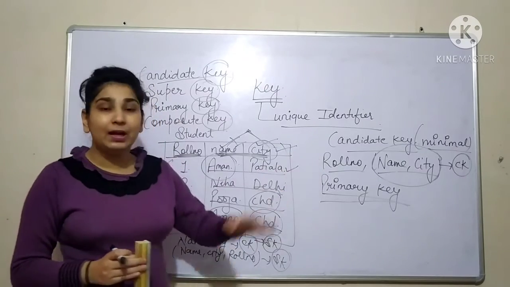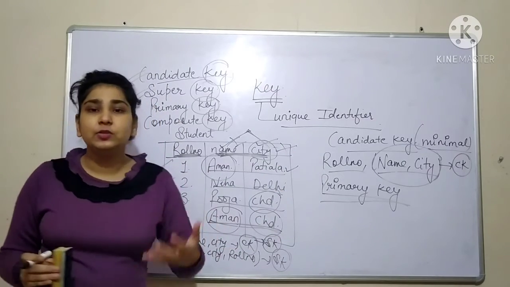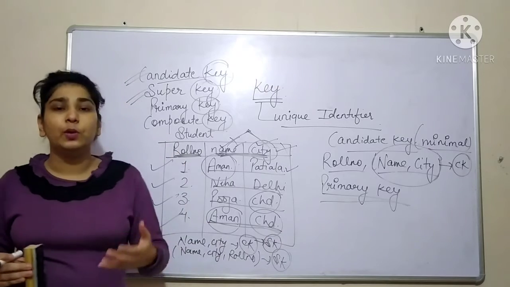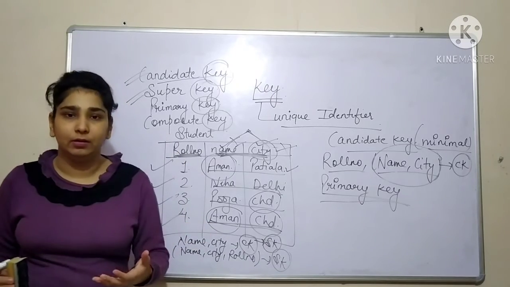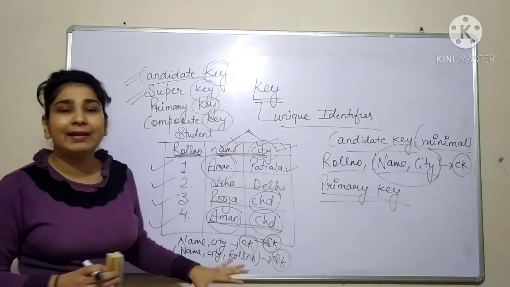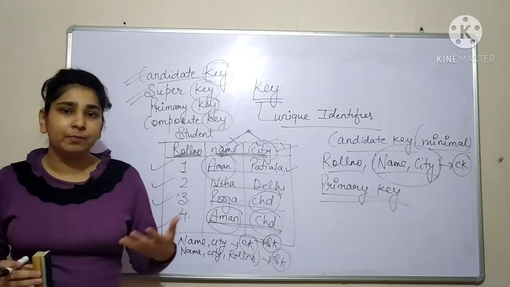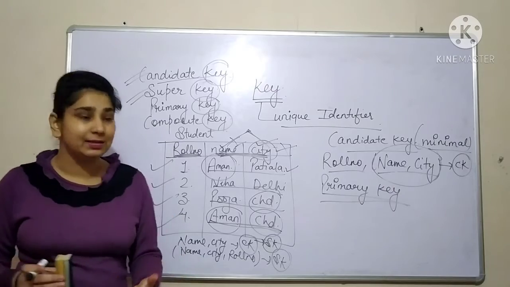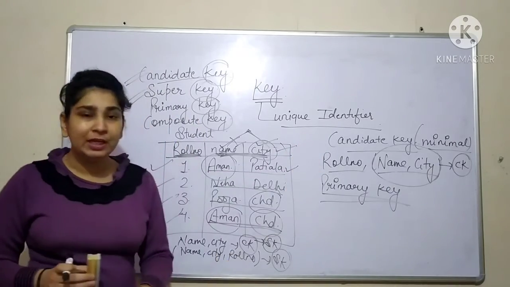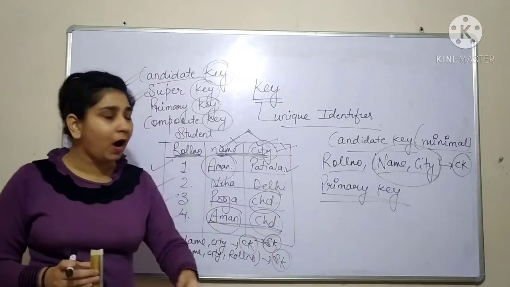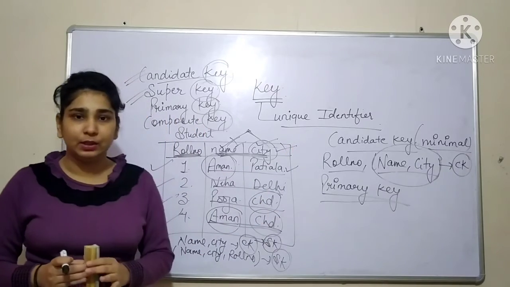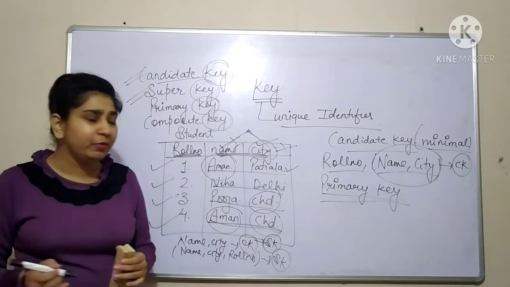I already told you that it is not that only one key is going to be present in your table. After looking at the table, you can determine many keys. Minimal keys, so we have two minimal keys. You can call it a candidate key. So what is the primary key?